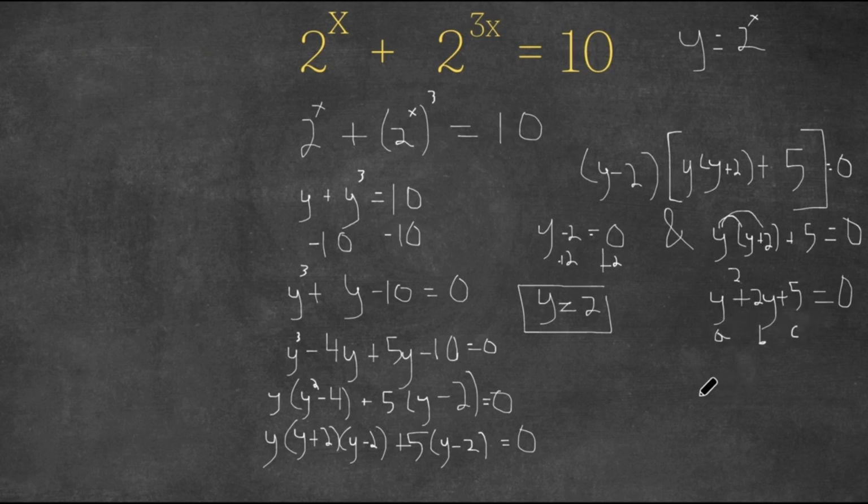So we have negative b, negative 2, plus or minus the square root of b squared, so 2 squared, 4, minus 4 times a, which is 1, times c, which is 5.